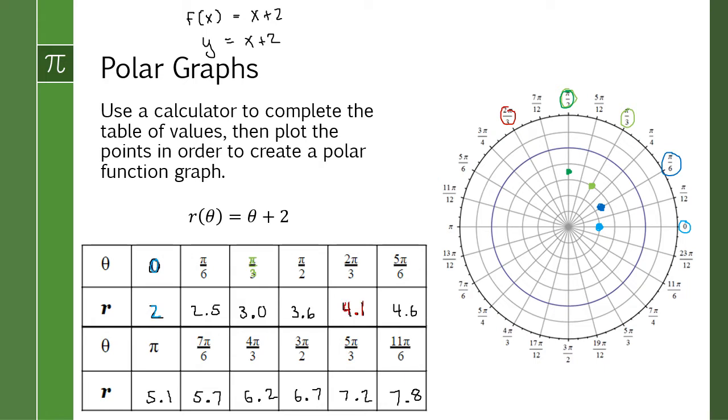So starting at the center, going towards the angle measure, 1, 2, 3, 4, and just a little hair beyond that, about there. And then continuing on, at 5 pi over 6 as my angle, the radius is 4.6, so 1, 2, 3, 4, and 0.6, so just over a half.